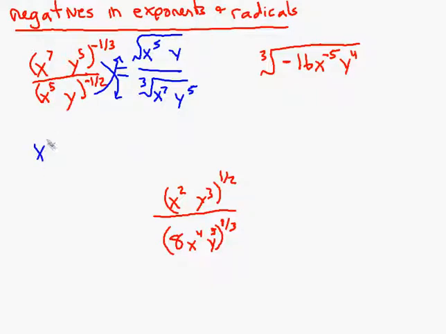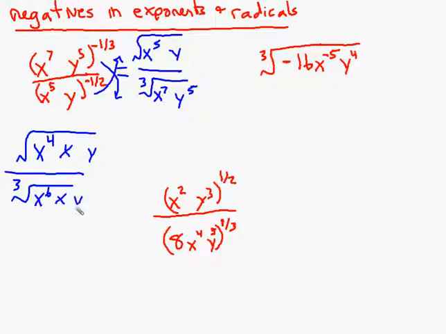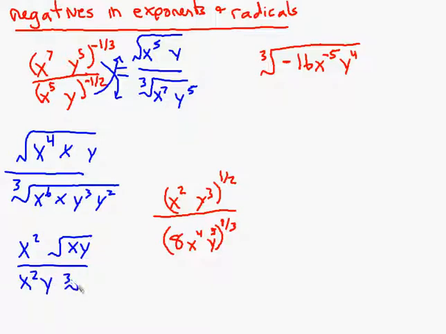So I split up that x to the 5th so that it's a perfect root, and I'll split up this denominator so I get x to the 6th x, y to the 3rd y squared. And now I can do my square root up there. And now I'll do my cube root down here. So I get x squared and y, and then cube root xy squared.